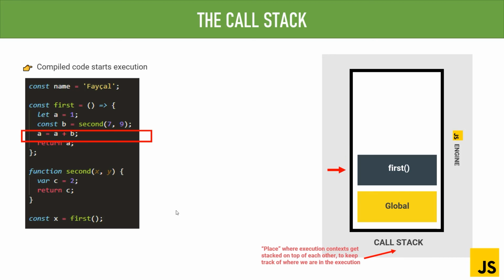And so let's also go back to where we were before in the code. And I hope that by now you start to see how the call stack really keeps track of the order of execution here. Without the call stack, how would the engine know which function was being executed before? It wouldn't know where to go back to, right?